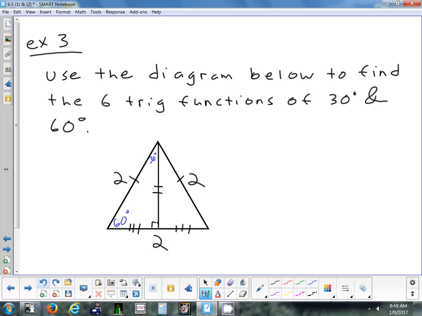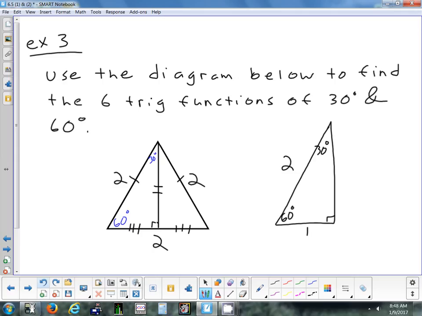All right, so now off to the side, I'm going to draw just that left-hand half of it. So this side is 2. What other side do I know in that diagram? Yeah, what's the base? Because I bisected that third side into two equal parts, each part must be 1 unit.